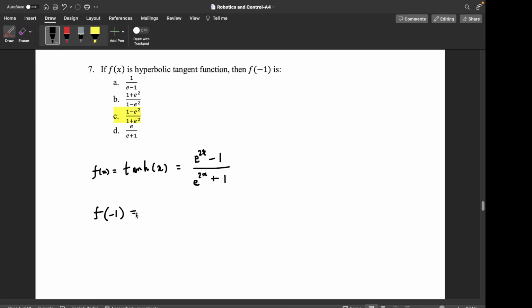You just need to recall the form of the hyperbolic tangent function, and you can easily compute the value at minus 1. If you write e to the power minus 2 as 1 by e square, then you will get this, which is the correct answer.